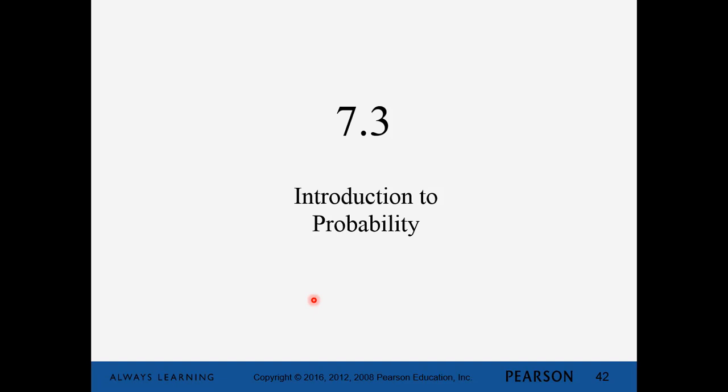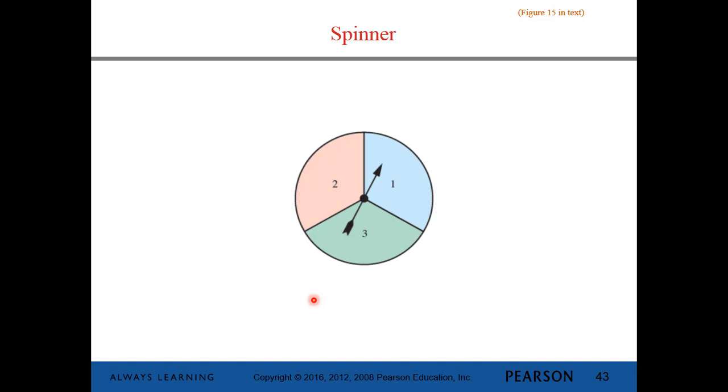So if we look at a random spinner, we spin the spinner, and this is an example of a probability experiment because we're going to spin the spinner and then see what number comes up. The experiment here is a probability experiment because each outcome is based on random chance, assuming that it's a good spinner.